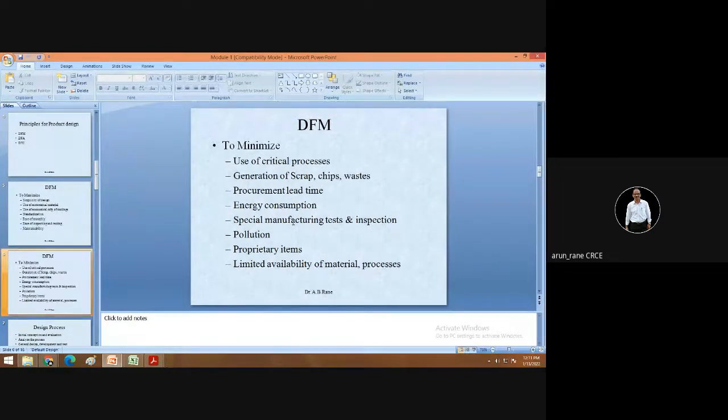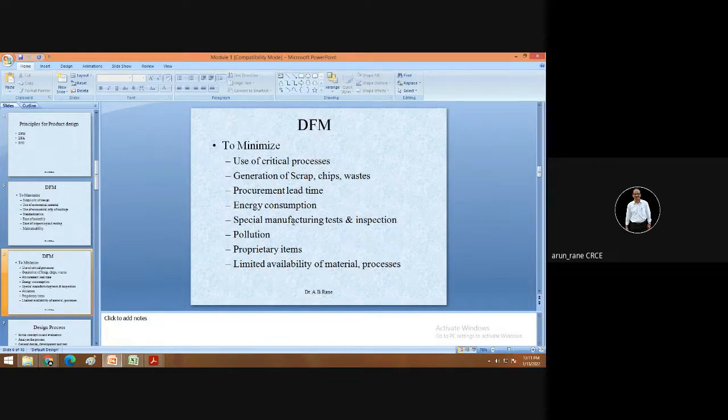Minimize. What are the things that you should see? What are the things that you should minimize? You should minimize use of critical processes. Minimize use of critical process, what does that mean? Critical processes means EDM, wire cut, laser beam machining, water jet machining, abrasive.